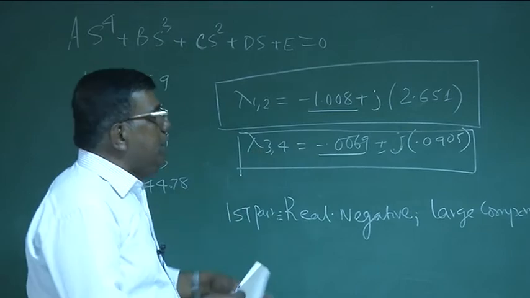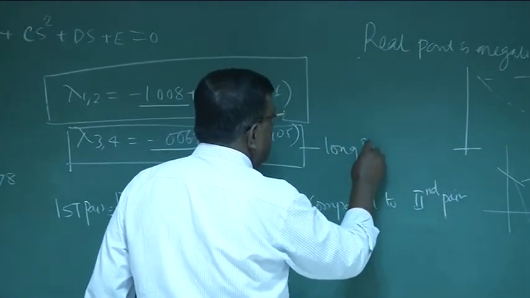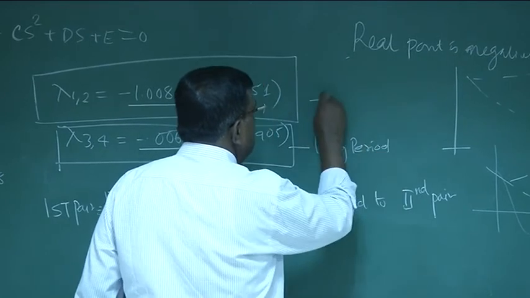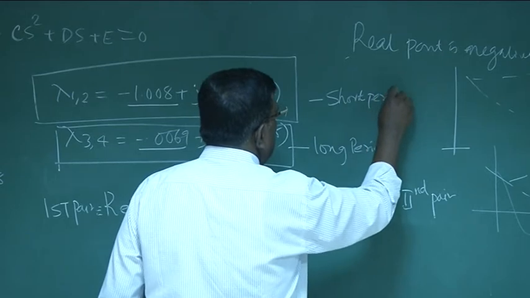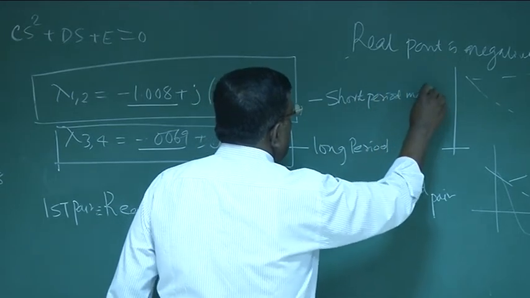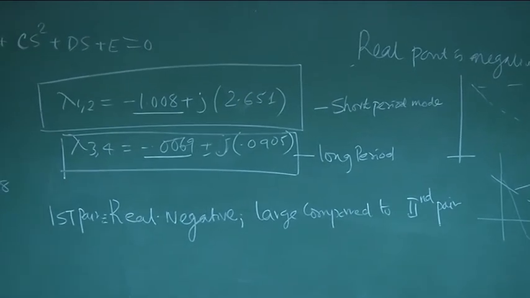So you get a long period. This is the long period, and this is the short period mode. Both are behaving like a second order system.